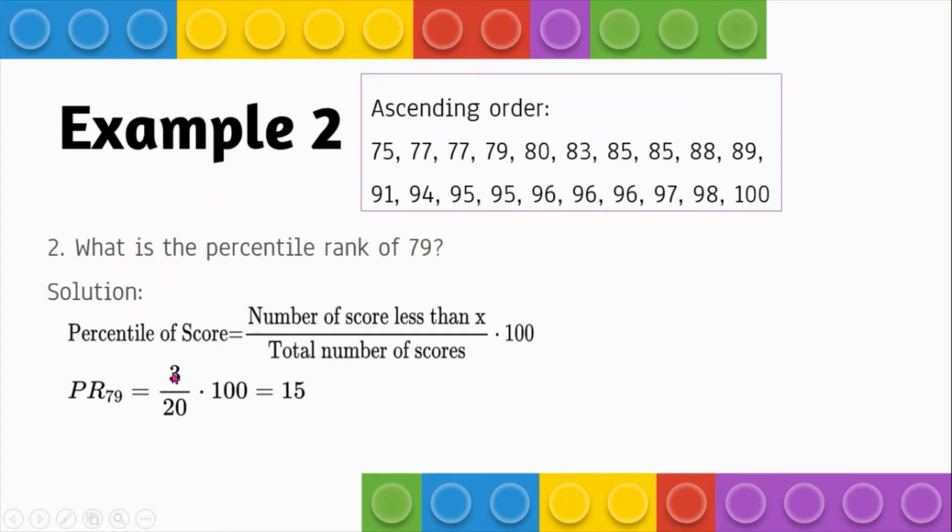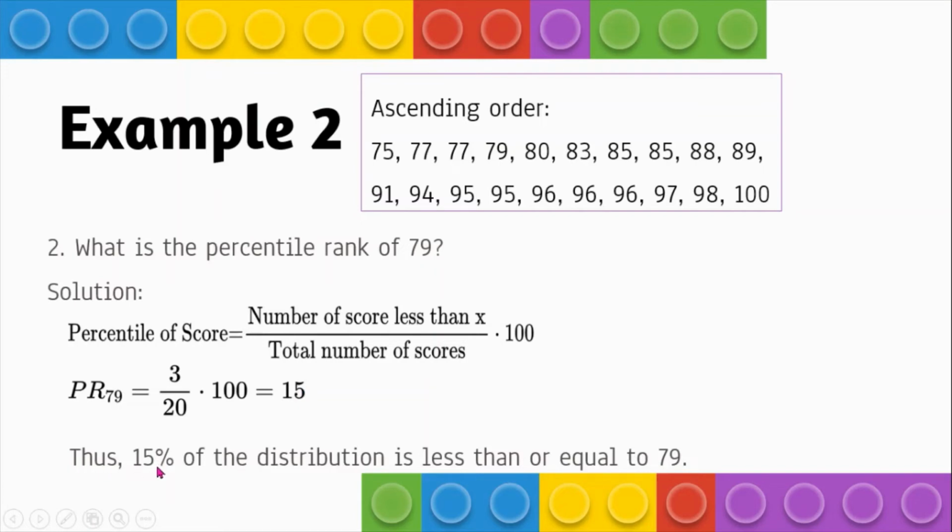So that's why it's 3 over 20, the number of scores. This is 20, right? 1, 2, 3, up to 20. Then that's 3 over 20 times 100, and that's 15.